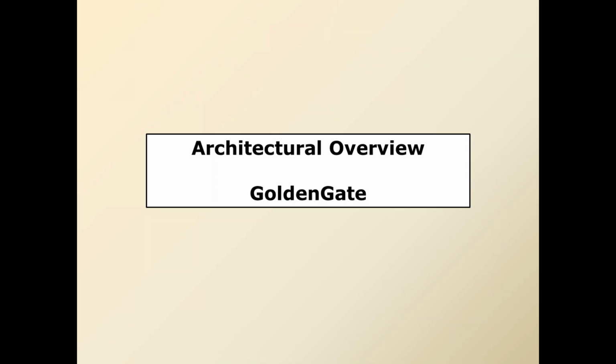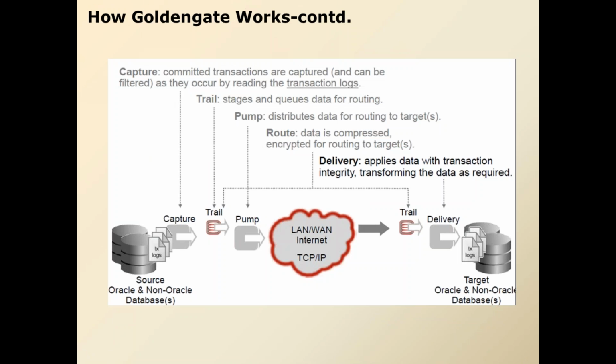So now let us discuss the architecture of Oracle Goldengate. The architecture of Oracle Goldengate is pretty simple. In Oracle Goldengate you have a source database and a target database. Your source can be Oracle and target can be Oracle.